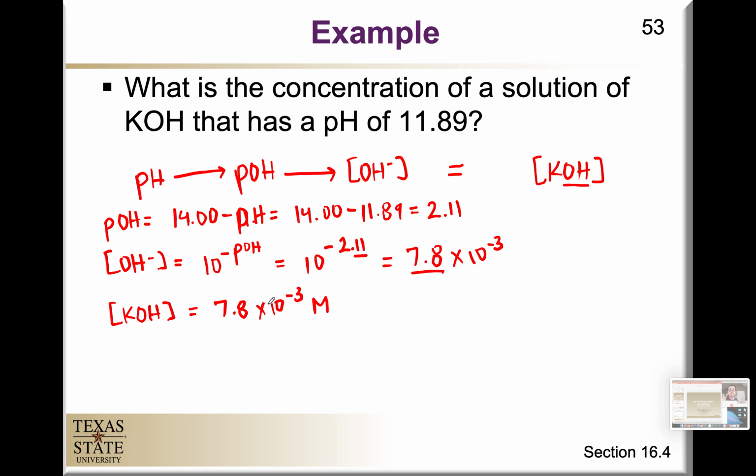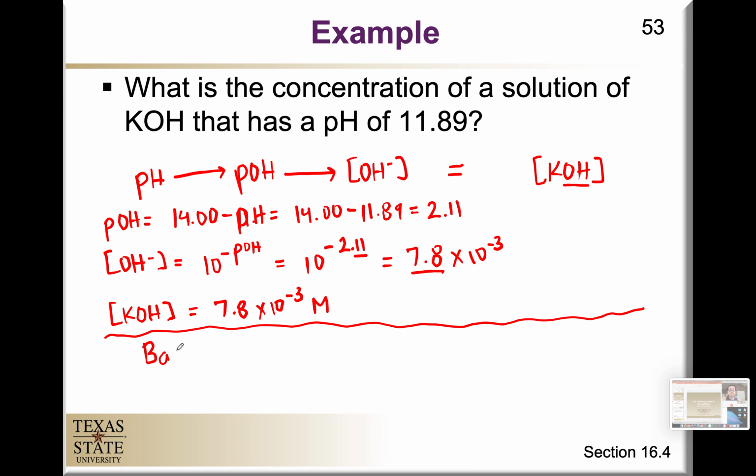That's it. Now, what if instead of having potassium hydroxide, I had asked you for the same problem, but with barium hydroxide? Well, you would have done the same first two steps, but at the end, once you had the hydroxide ion concentration, you needed to find what is the relationship between the hydroxide ion concentration and the barium hydroxide concentration. So let's think about it.